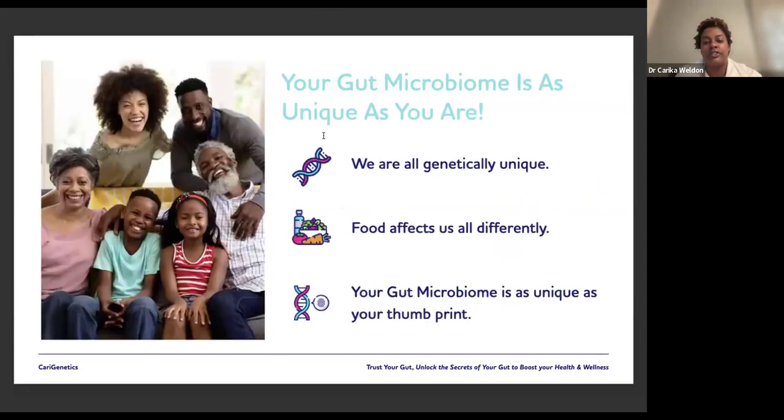All right, just to recap, we all know that our gut microbiome is as unique as we are. We are all very much unique genetically. That's what makes us ourselves. Food affects us all very differently. Our gut microbiome is as unique as our thumbprint.